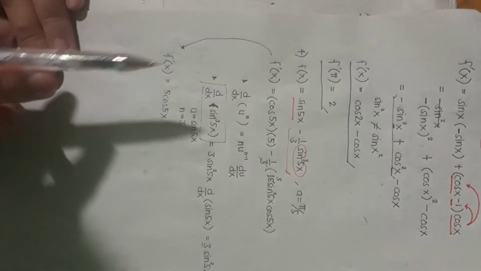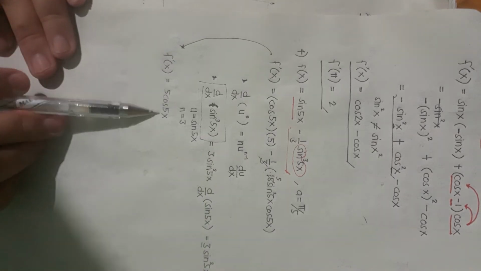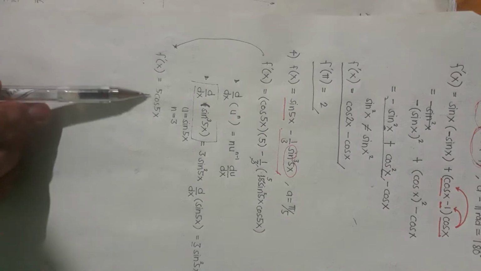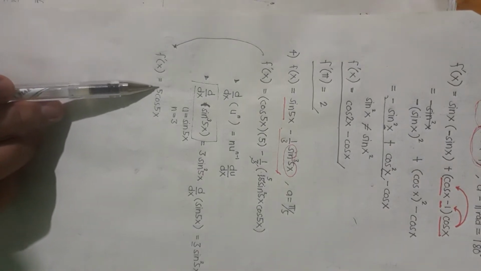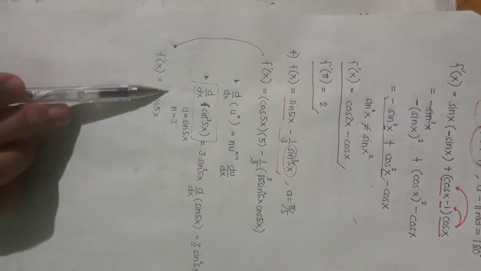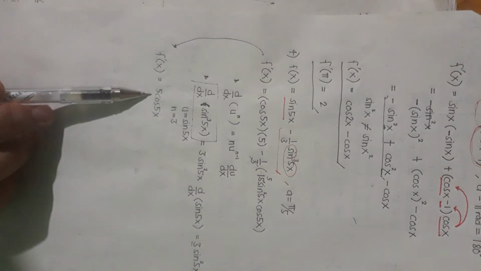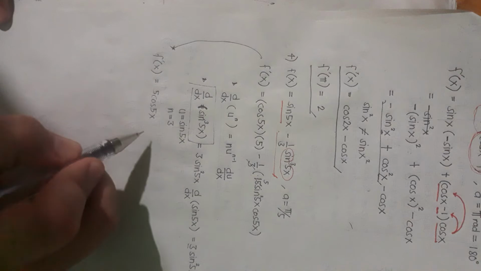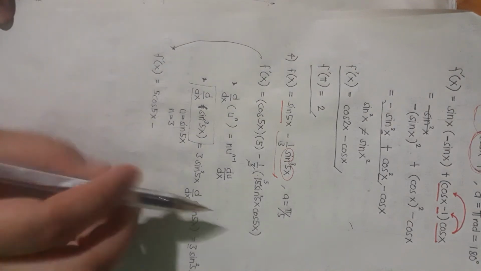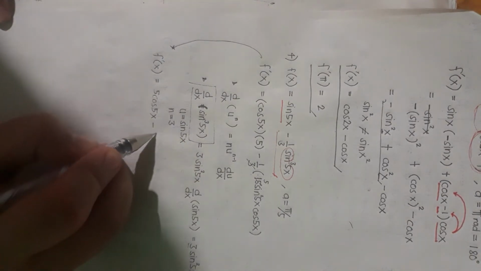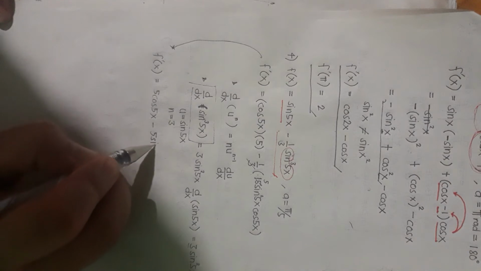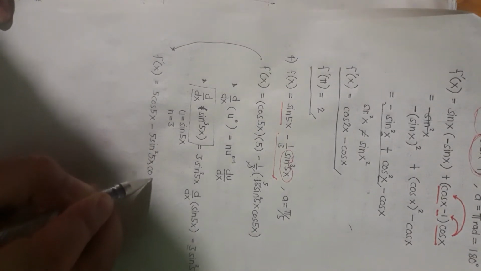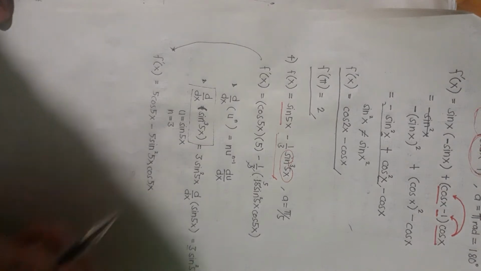Always, if we have an algebraic expression multiplied to a trigonometric function, you have to first express the algebraic expression, then next the trigonometric function. Then minus 5 sine squared of 5x times cosine of 5x.